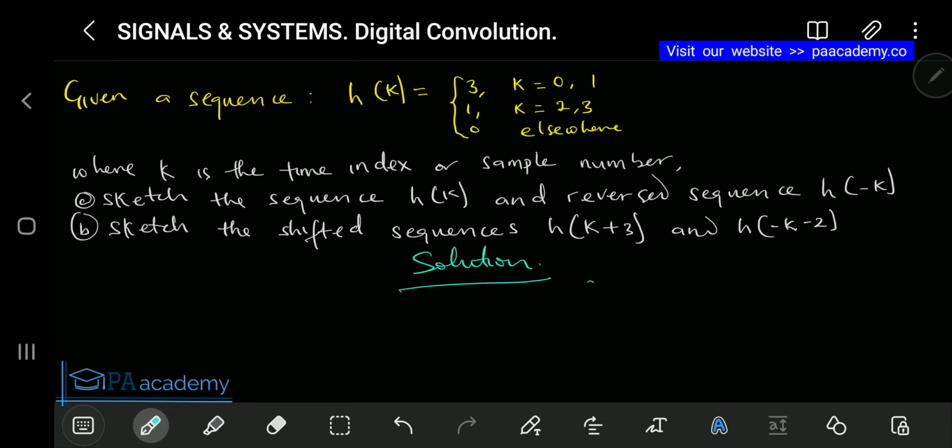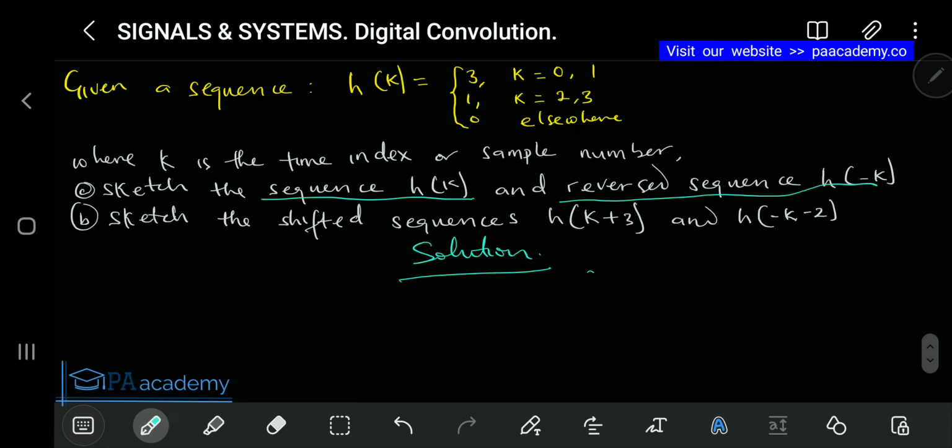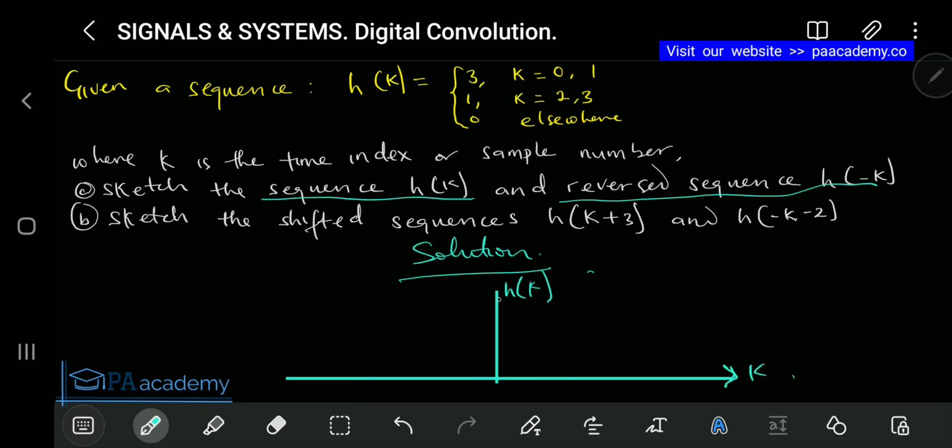So the first thing we have to do is sketch the sequence h of k. It's actually two in one question in the A part. We have to sketch it and we also have to reverse the sequence. So let's first sketch it now. We'll be having something like this. This will be our h of k, and right here will be our k.